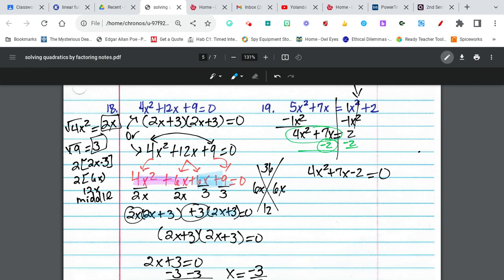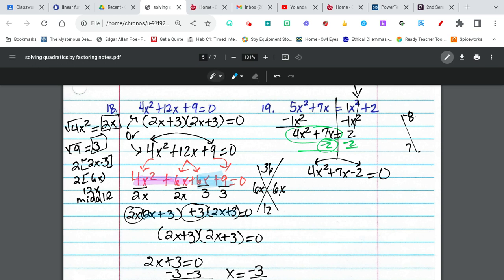And there's no GCF, so I'm going to have to use the harder x. 4 times negative 2 is negative 8. Keep my 7. That's 8x and negative 1x. You don't have to put the x; I just have a habit of doing it.